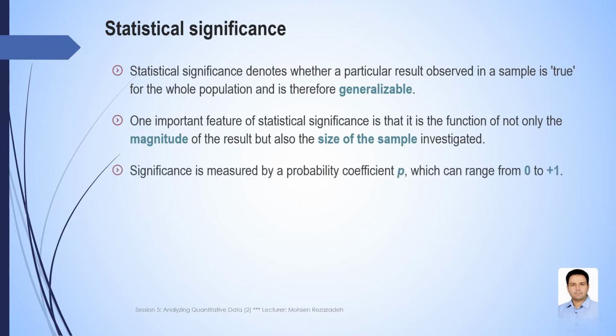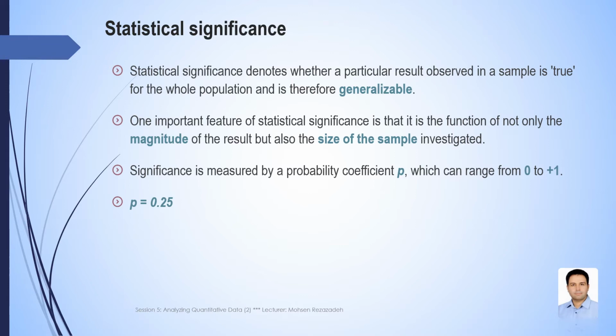Significance is measured by a probability coefficient, shown by p, which can range from 0 to +1. For example, a p figure of say 0.25 means that the obtained result might be due to pure chance in 25% of the cases.